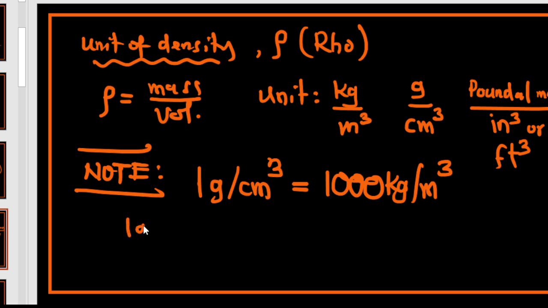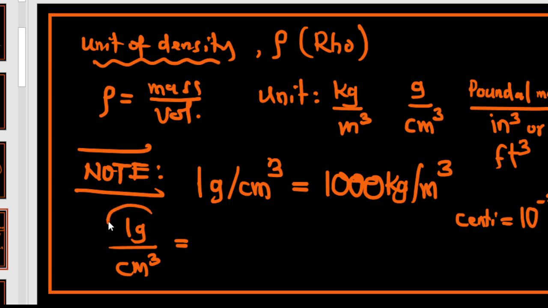So this is like saying 1 gram divided by 1 centimeter cube. And you need to know that the word centi is a scientific prefix that means 10 raised to the power of minus 2. So if we want to make this a kilogram, 1000 gram makes 1 kilogram.